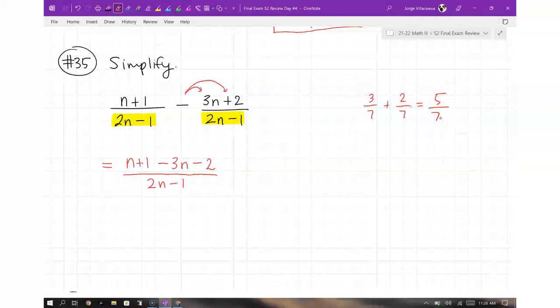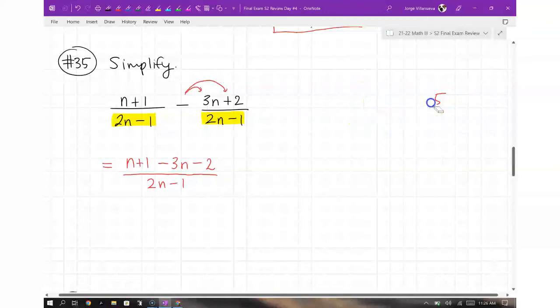When they're different, the denominator changes. But when the denominators are the same, it doesn't change at all. Just the numerator does. So let's just combine n minus 3n. That's negative 2n. And then 1 minus 2 is negative 1.